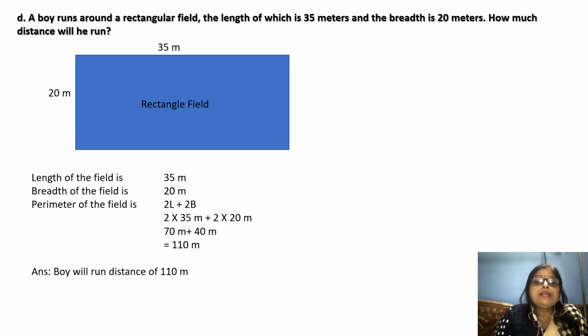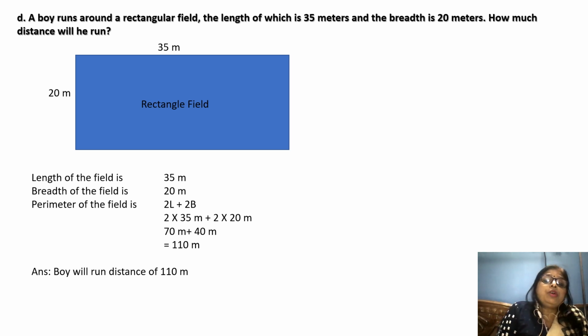Now a boy is running around this rectangular field, means he is running around the boundary of this field. So you will have to first find out the perimeter of the field. So perimeter of the field is 2L plus 2B, means 2 into 35 meter plus 2 into 20 meter, that is 70 meter and 40 meter, that is equal to 110 meter.